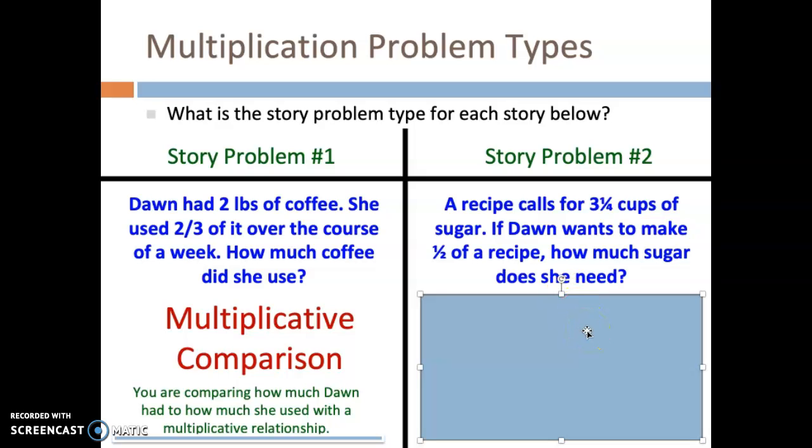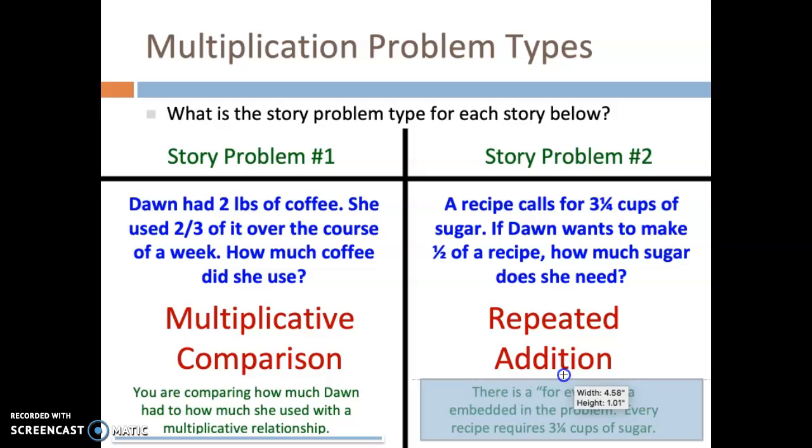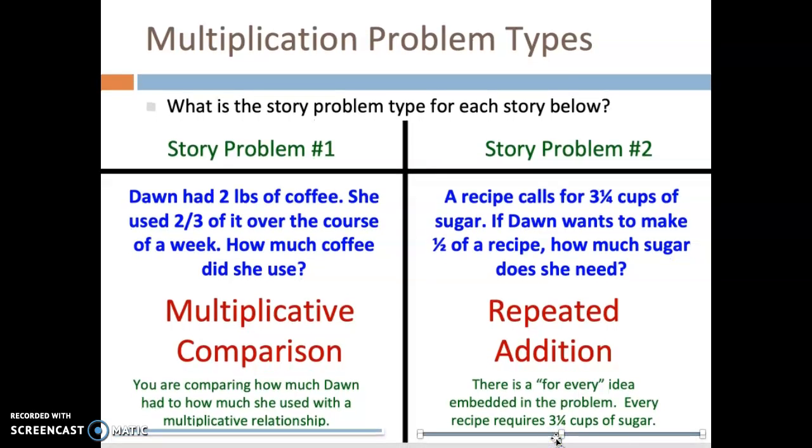That's repeated addition. Why? There is a for every idea embedded into the problem. Every recipe requires 3 1/4 cup of sugar.